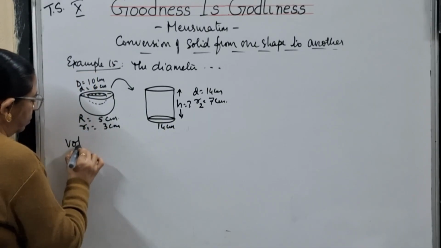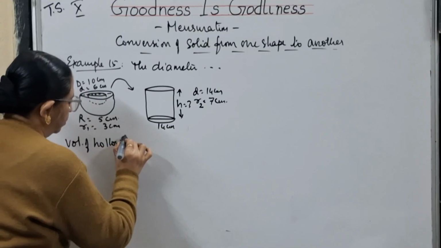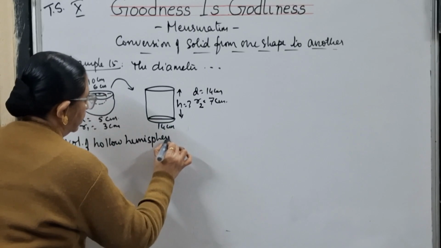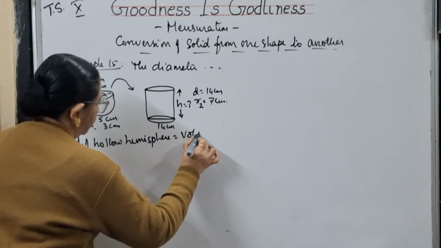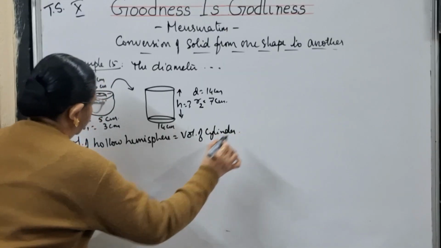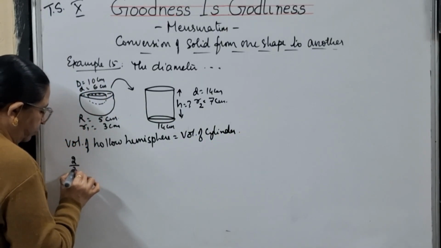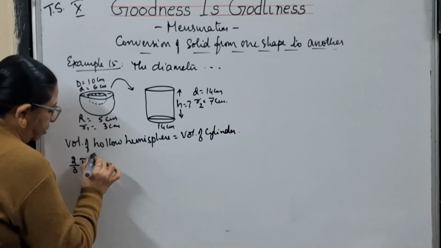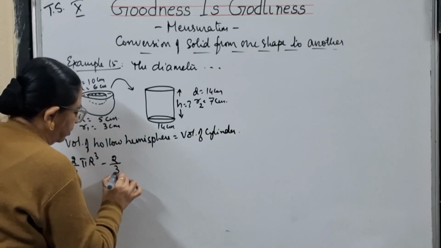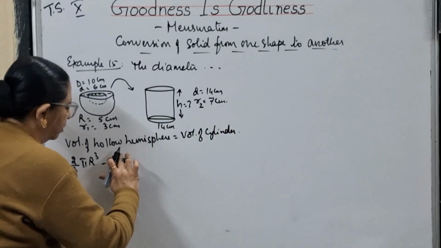So what is the volume of the hollow hemisphere? That means outer hemisphere volume, 2 by 3 pi capital R cube, minus inner hemisphere volume, 2 by 3 pi small r1 cube.